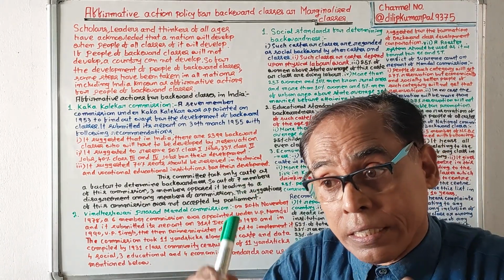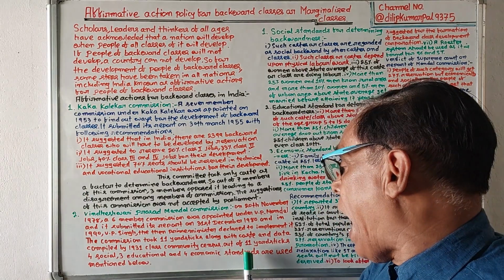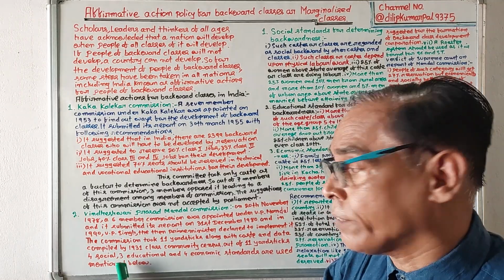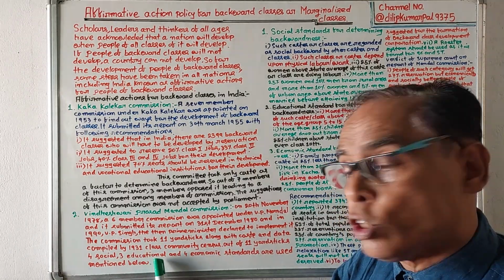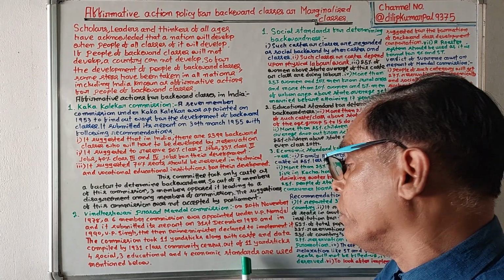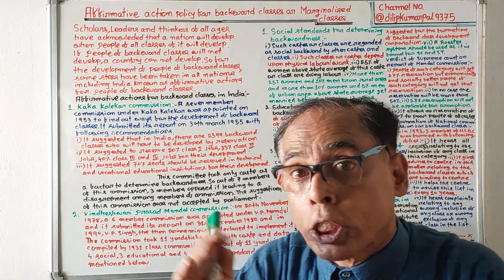By this, it determined the backward classes. Out of 11 yardsticks, 4 are social yardsticks, 3 are educational yardsticks, and 4 are economic yardsticks to determine the backwardness of the people.